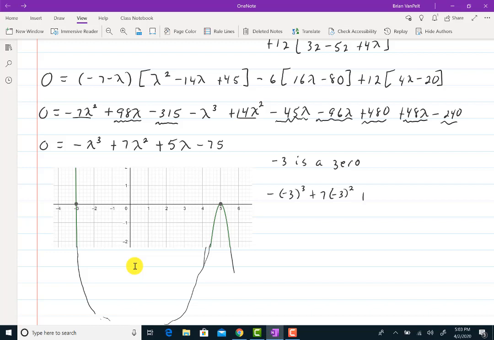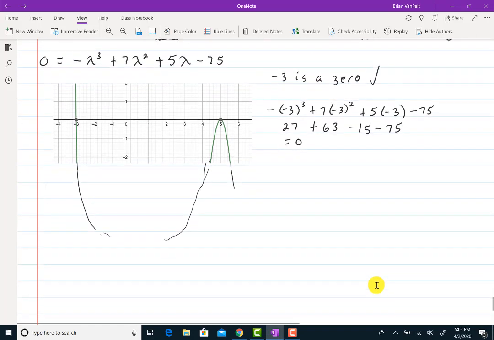So I'm just going to check here to make sure it actually is a 0, because I don't trust the graph implicitly. So anyways, right here, this double negative makes that a positive 27. Then here, you have positive 63. Then I have negative 15 minus 75. And so 27 plus 63 is 90 minus 90. And in fact, that does equal 0, so that checks out.